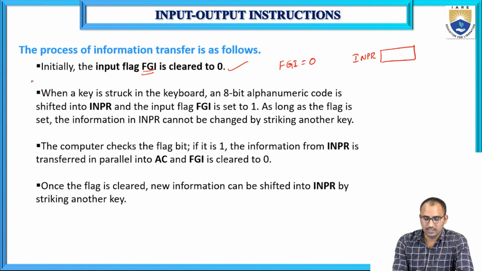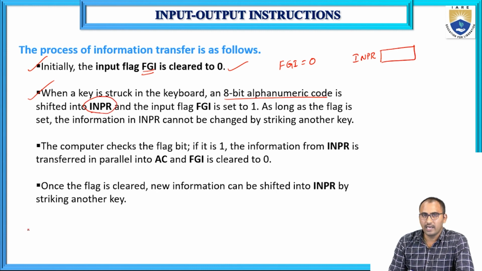Next, the second point: when a key is struck on the keyboard, it will generate an 8-bit alphanumeric code. That generated 8-bit alphanumeric code will be shifted to the input register.